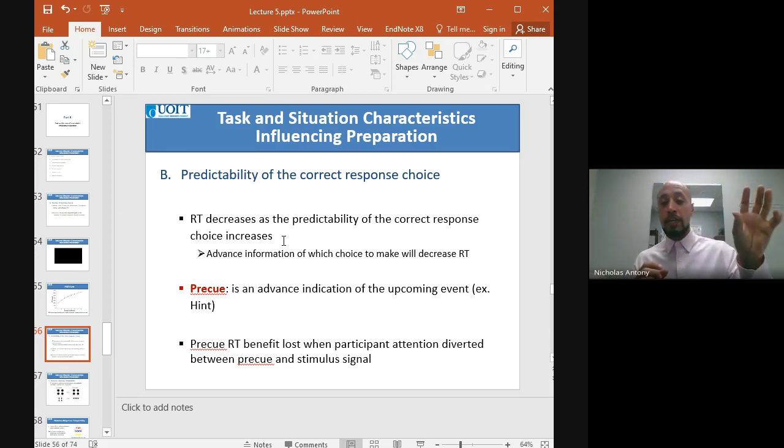They forgot the hint, and usually it's a colored light, where each color is associated with a different response. If they lost their attention after the hint, they lose the advanced processing of the skill.